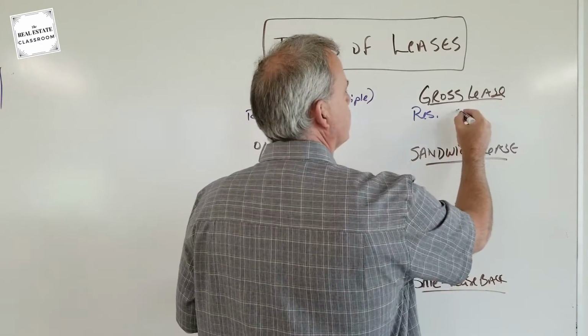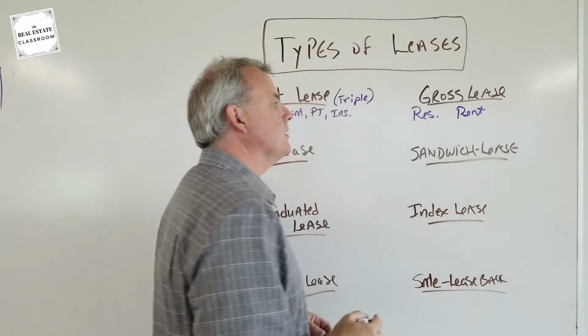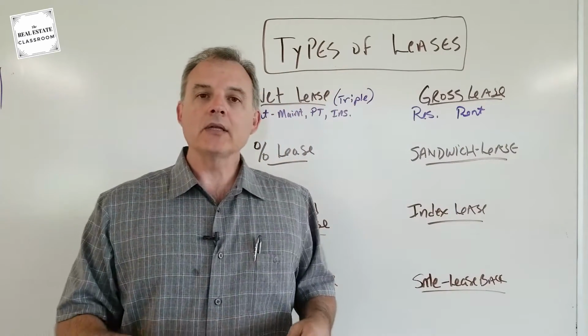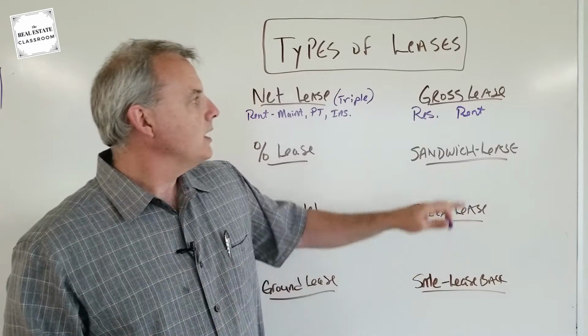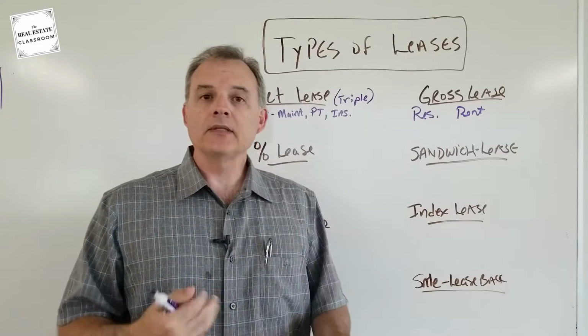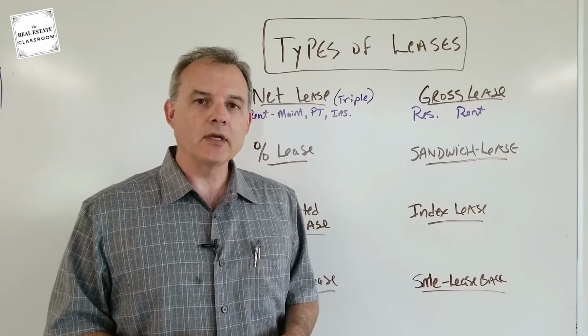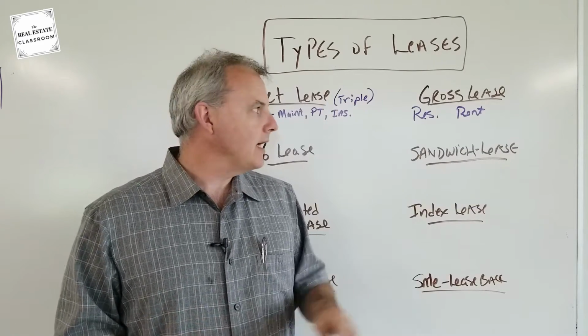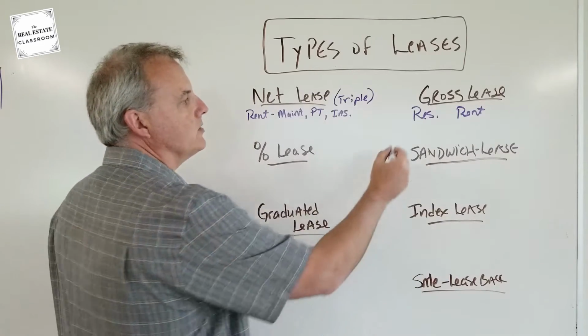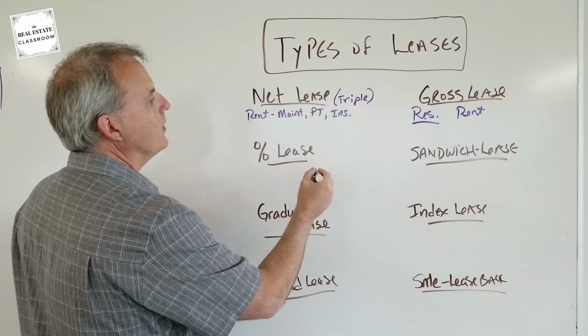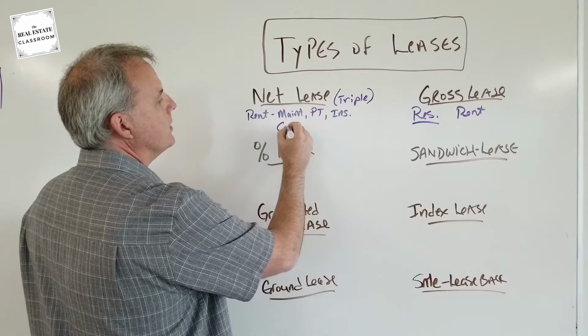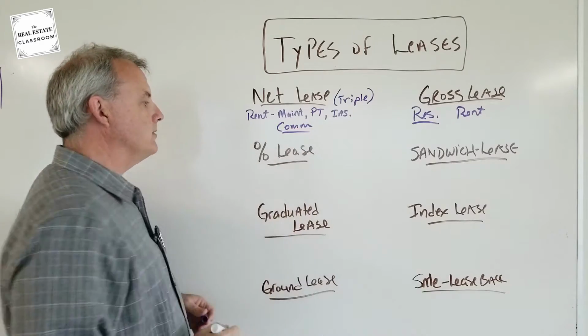It's just monthly rent, and then the owner is responsible for paying things like taxes and insurance. Now, under a gross lease, the tenant may or may not have to pay utilities. That's going to depend on the specific unit that's actually being rented out. So we see these in residentially zoned type properties. And by the way, I forgot to mention, net leases we typically see in commercial type settings.